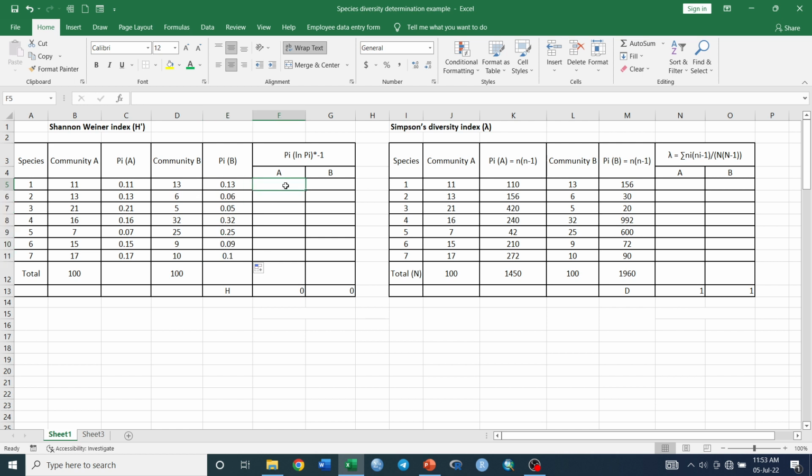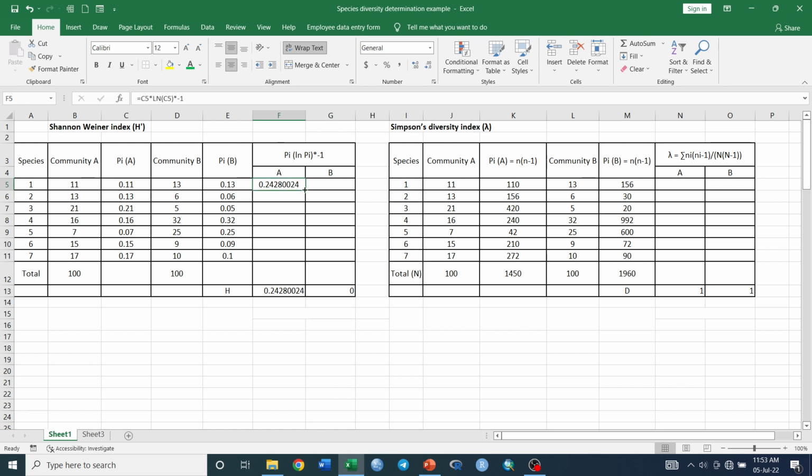Now we can calculate the diversity for each species by multiplying the proportion times the natural log of the proportion times -1 to avoid negativity.